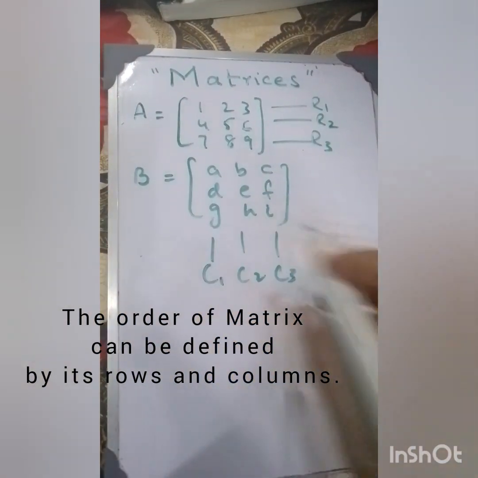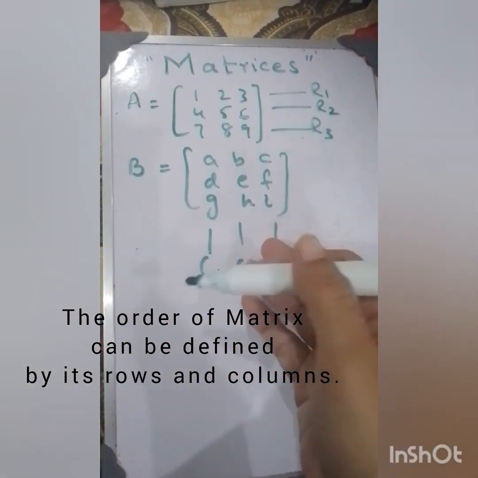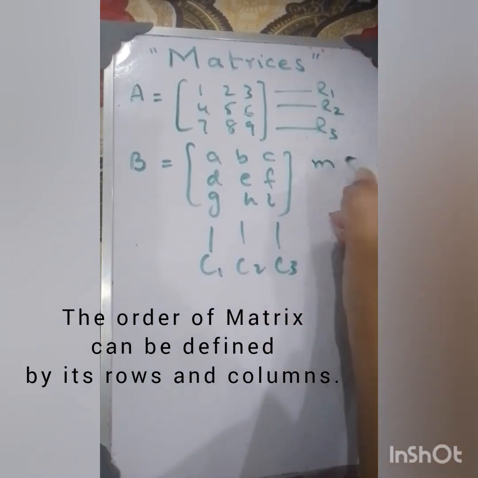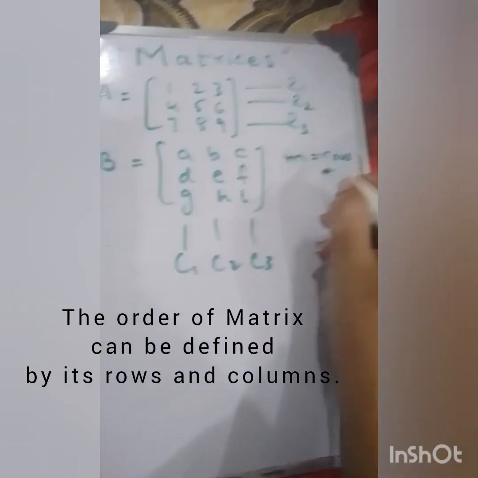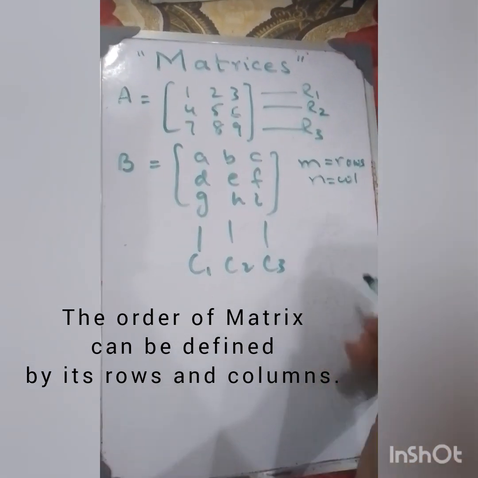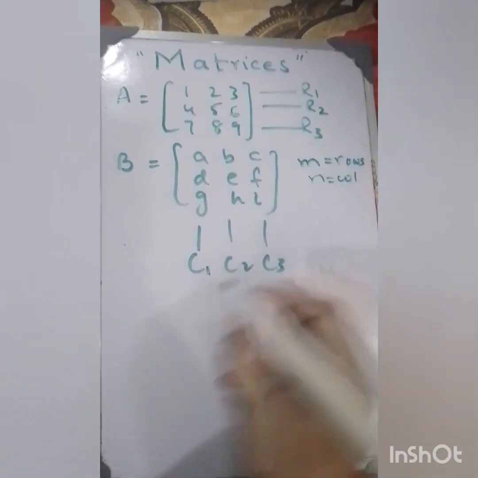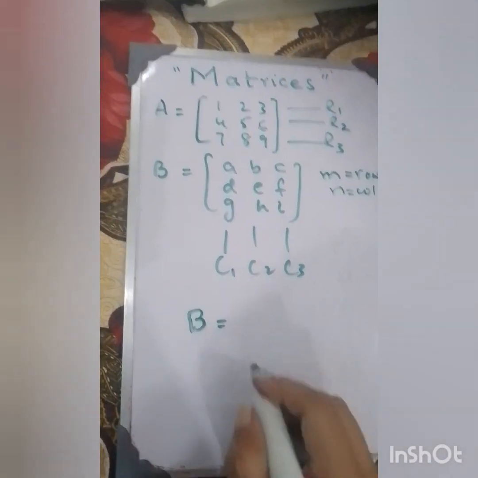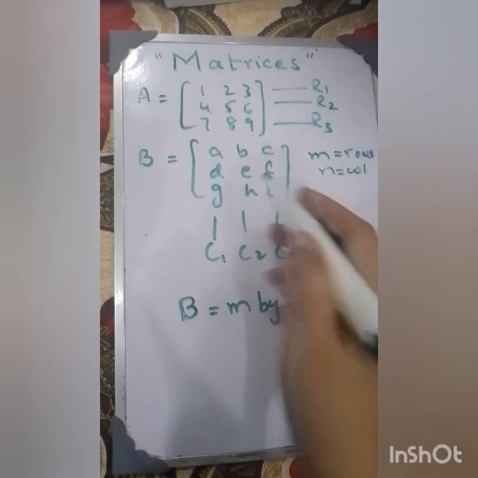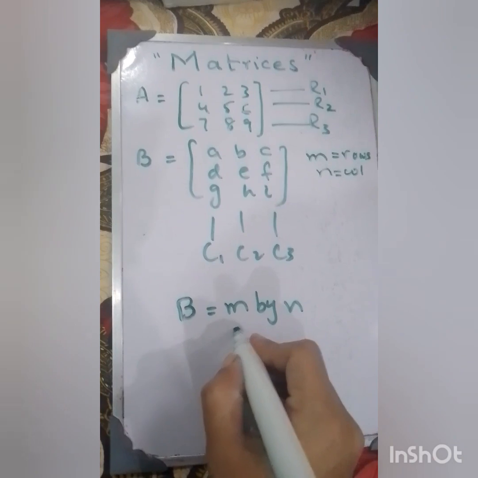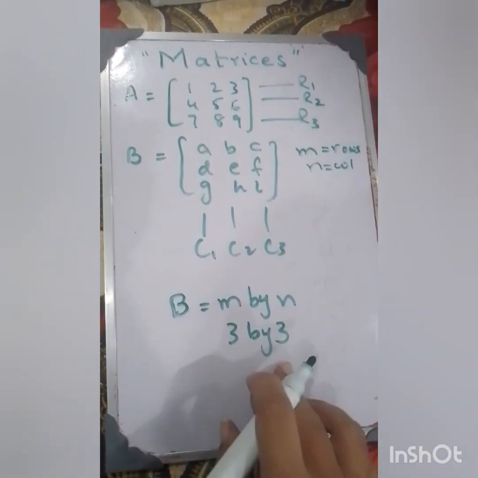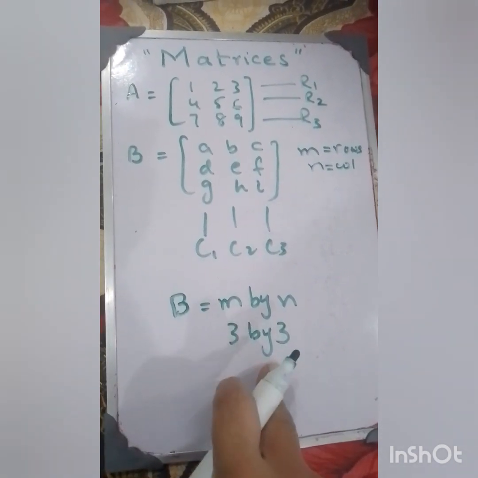We call the rows M and the columns N. So my matrix B is of order M by N. How many rows can you see? 1, 2, 3. So 3 by, and how many columns? 3 by 3. So the order is 3 by 3.